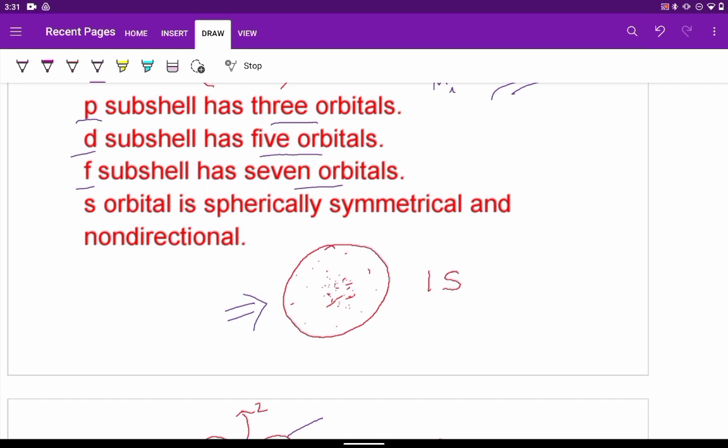As the distance increases, the cloud will become less and less. And the electron density at a particular distance will be uniform in all directions.